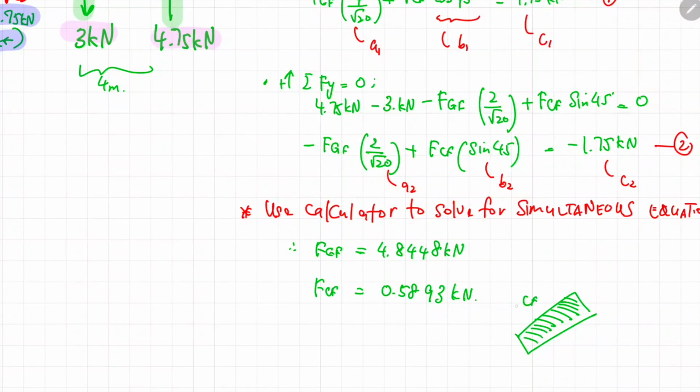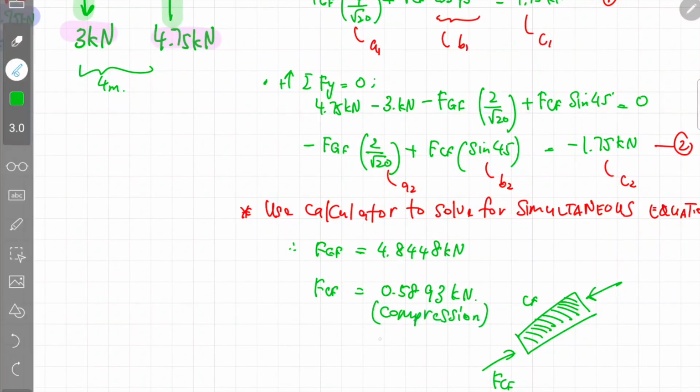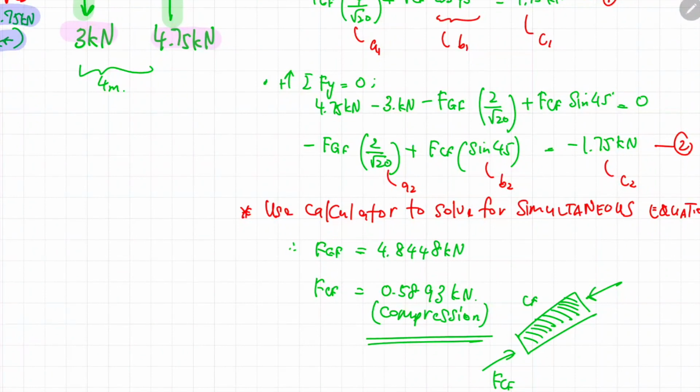If I redraw the member CF like this, the direction of the FCF is positive, so it means that our initial assumption is correct. FCF at one end is in this direction, and at the other end would be in the opposite direction. Notice that the couple forces are creating a compression kind of force onto the member CF.